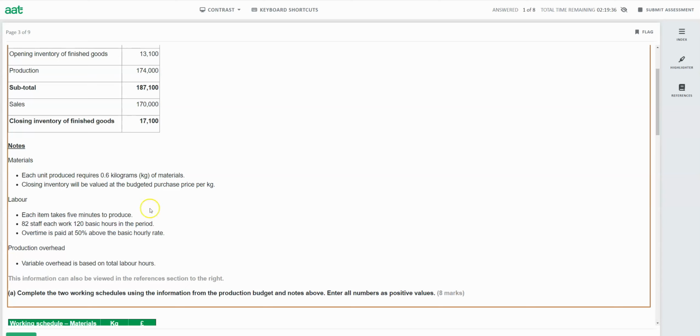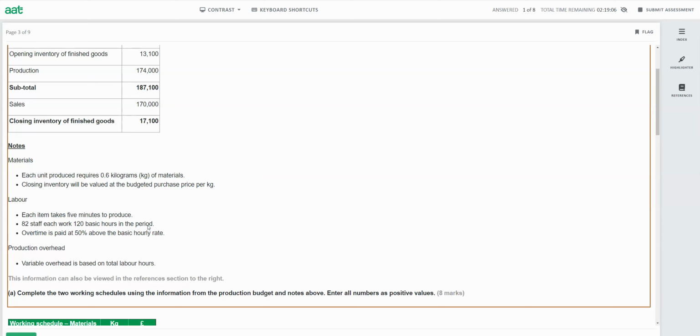For the labor, it says each item will take 5 minutes to produce. Now when you see minutes, remember that we need to multiply by the number of units, and later we have to convert to hours by dividing by 60. 82 staff each work 120 basic hours in the period. The reason they give this information to us is because they like to see how much is the total hours and how many hours are basic.